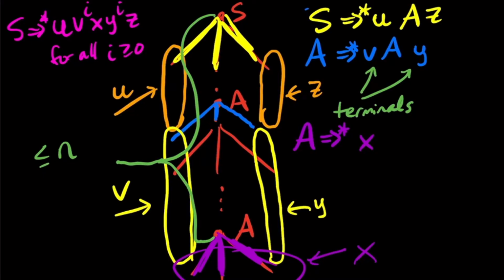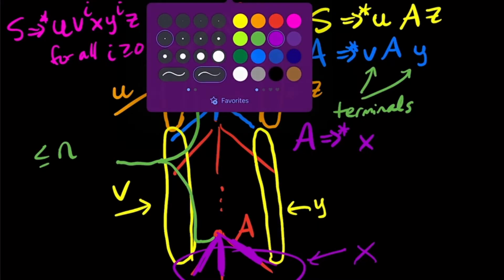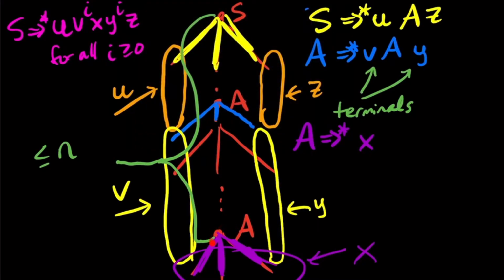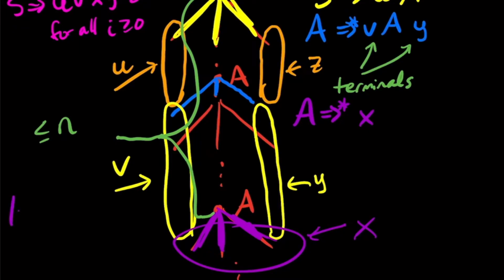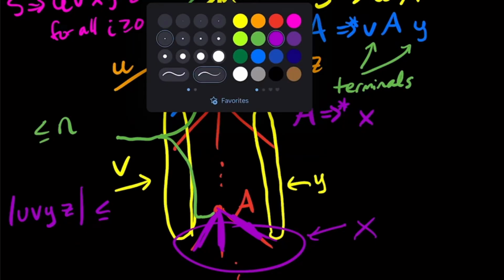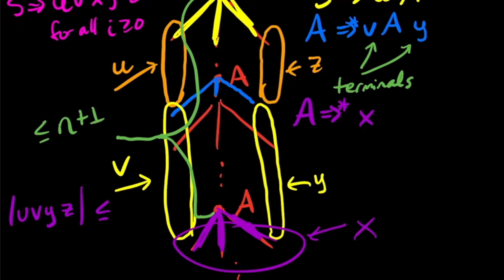That means that the terminals that are involved before we get to this second occurrence of A are going to be the U variable, the V, the Z, and the Y. So that implies that the length of U, V, Y, and Z, no X in the middle, is going to be at most n times the, let's see, it's actually at most n plus 1 because we're including the second occurrence of A.